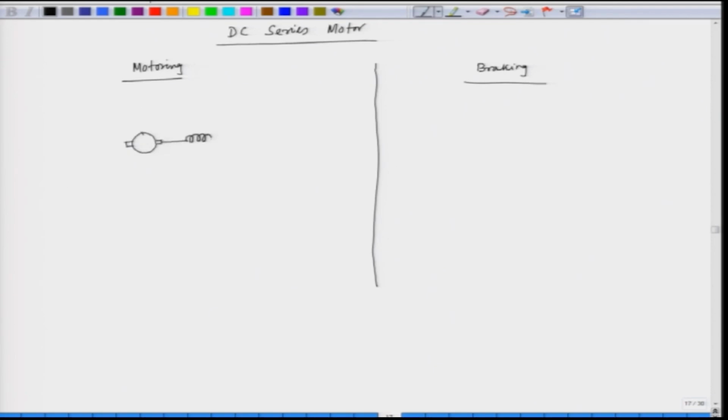The field is in series with the armature. So, we apply the DC voltage here, we have the back EMF E and the total resistance of the circuit is R equal to R A plus R F. The current taken by the motor is I A.